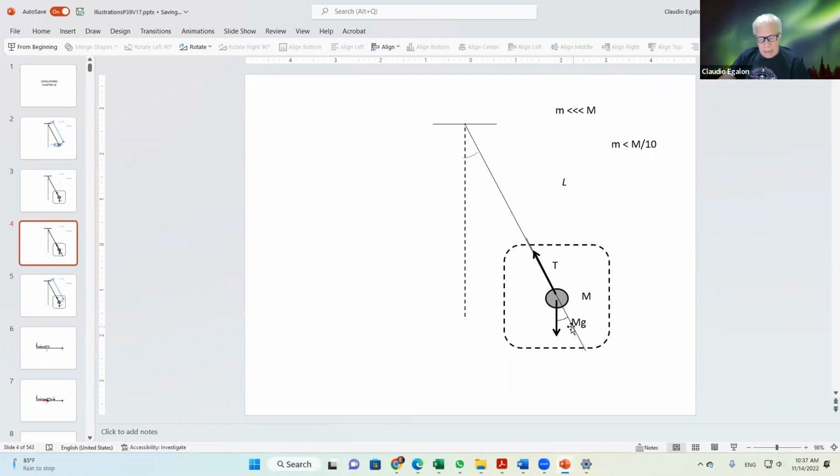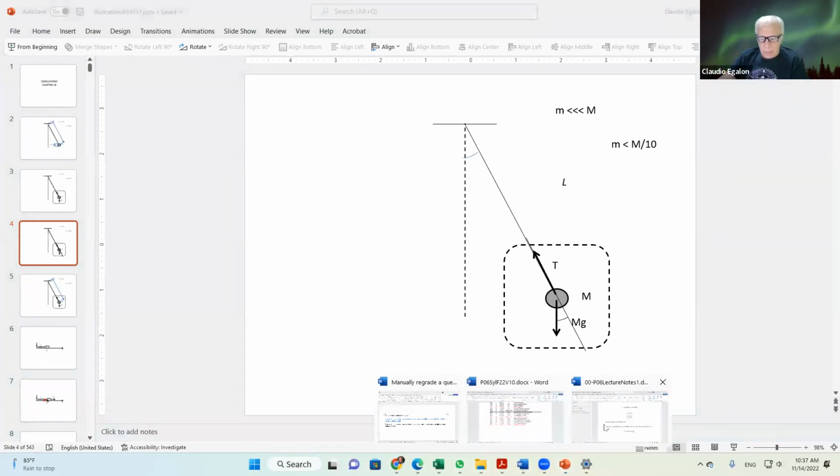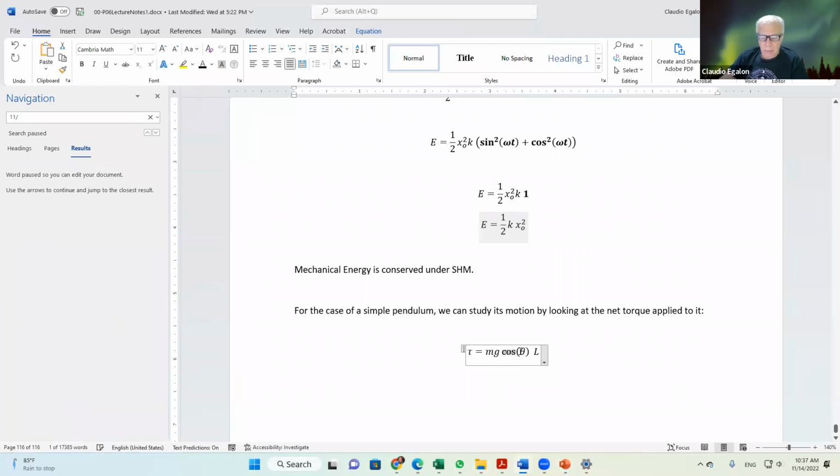So the force component that is applying a torque to this mass is going to be mg sine of theta, not cosine, right? mg sine of theta. And that's going to be the only torque that acts on my pendulum.